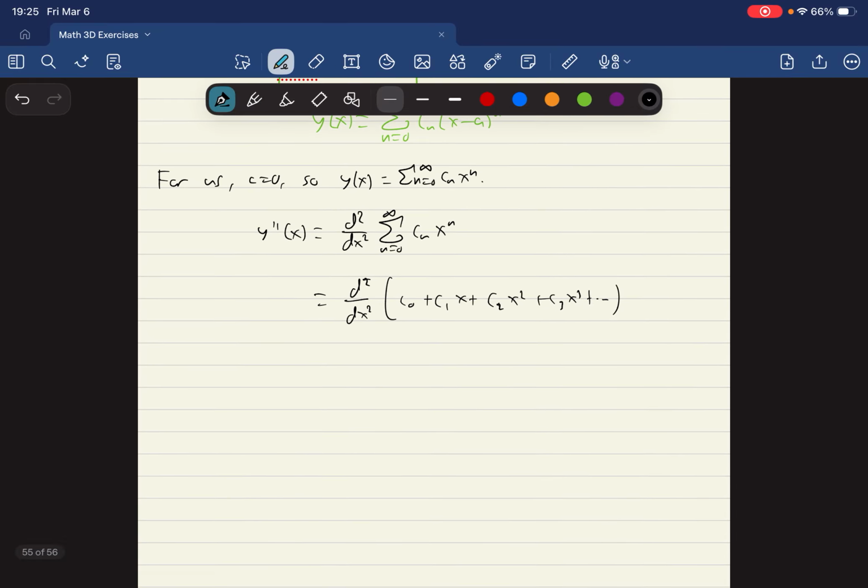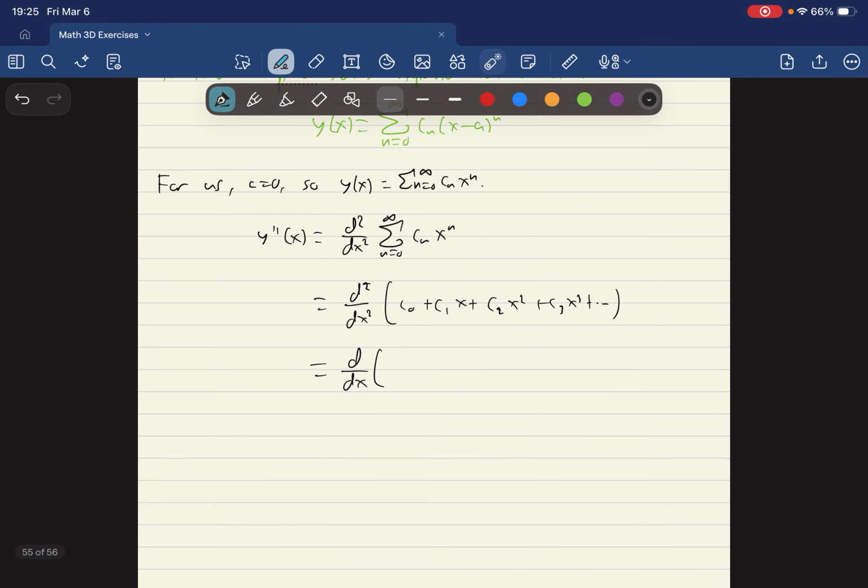Well, when we take derivatives, this is going to be d/dx. Now this goes away, and we're left with c_1 plus 2c_2 x plus 3c_3 x squared plus 4c_4 x cubed, on and on.